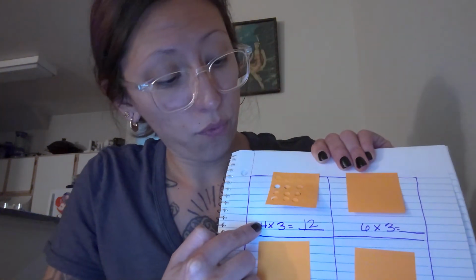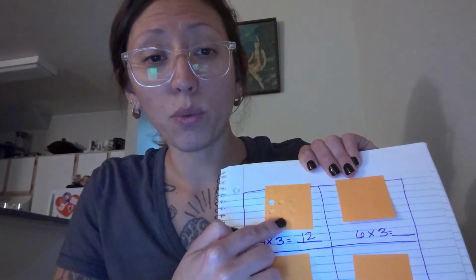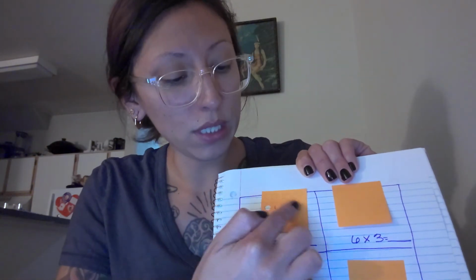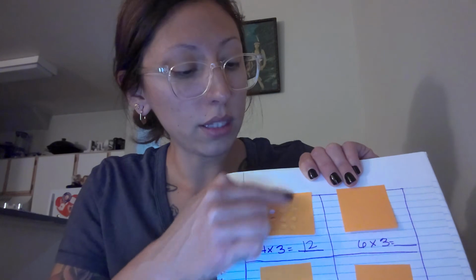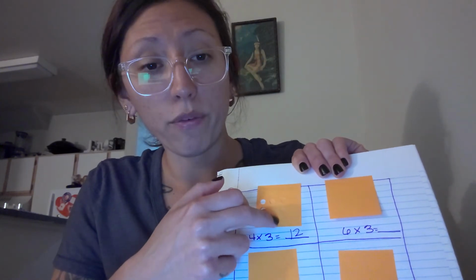We're going to put this back in the box with its problem, and then you're going to write in the answer. Okay, so 4 rows, 3 columns. We added all 4 rows and 3 columns. When we add it all together, gives us 12.